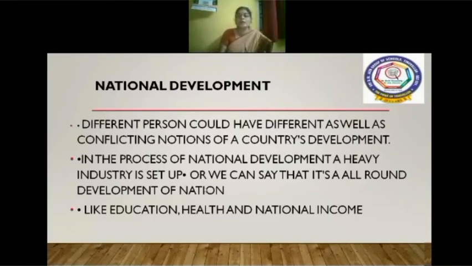The World Bank has taken up the comparison of only the developed nations, whereas the UNDP, the United Nations Development Program, has taken into consideration its member countries and their development with all other factors that are related to development.